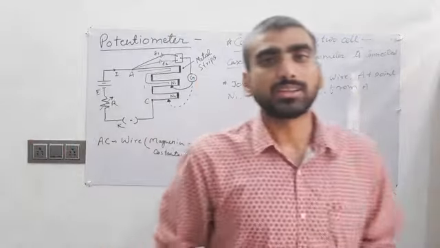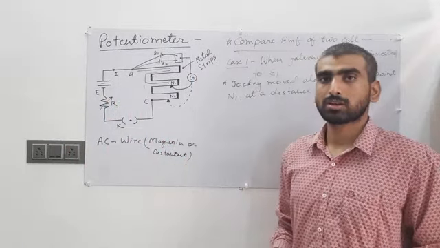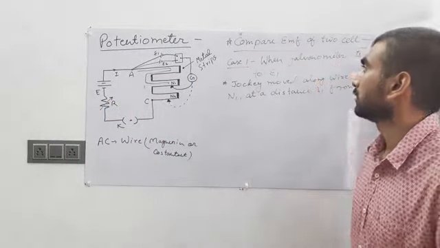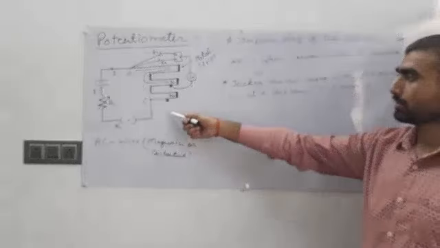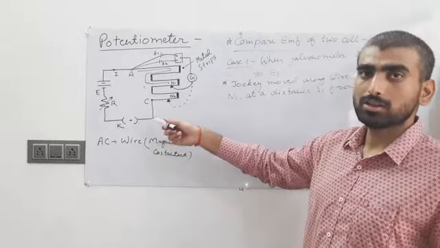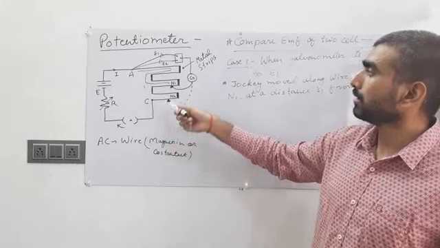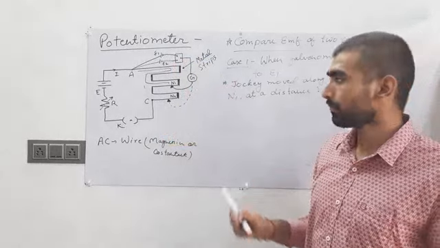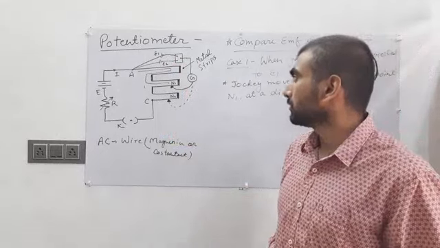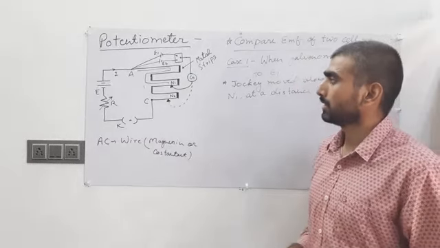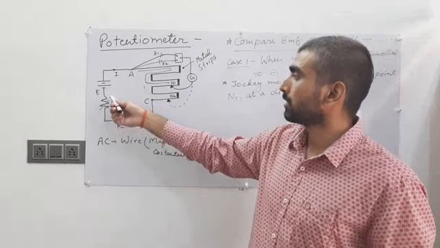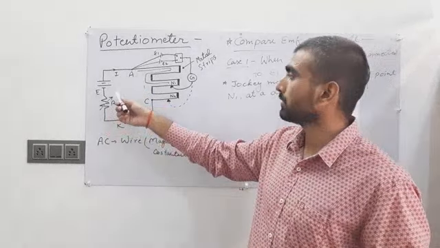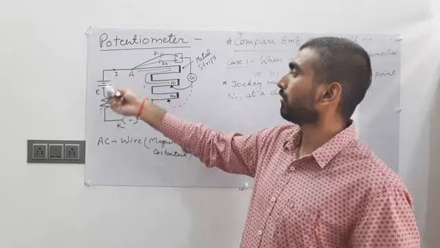Now, this is our second application of potentiometer, which is to compare the EMF of two cells. This figure is used to compare the EMF of two cells. There is a battery E and a variable resistance R, by which we can change the value of current.